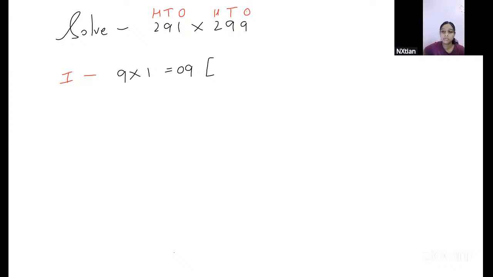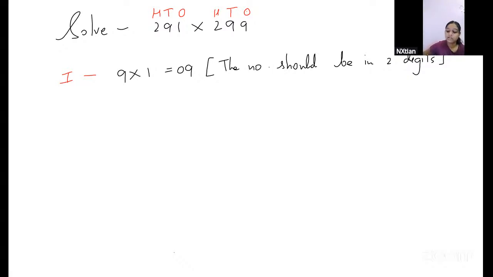The number should be in 2 digits. So to make it a 2-digit number, we will put 09, 0 on the left side of 9. Now, moving on to the next part.